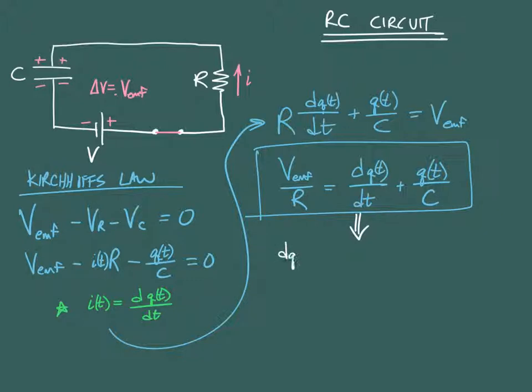So dq/dt, this part here, would be equal to V over R minus q over RC. Okay, so trust that rearrangement. Oh, I'm missing an R up here. Sorry about that. Make sure you get that R in there. I didn't have that initially in the blue.